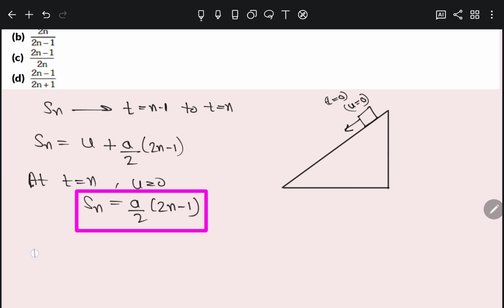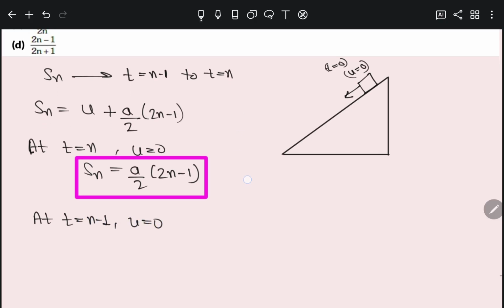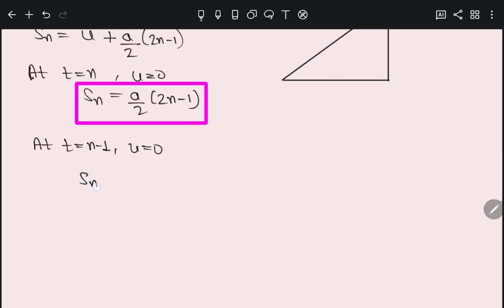And at t is equal to n minus 1, again u is equal to 0. So S n minus 1 is equal to a by 2 into 2 into n minus 1, minus 1.